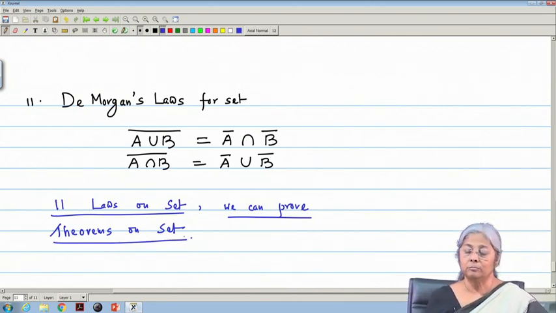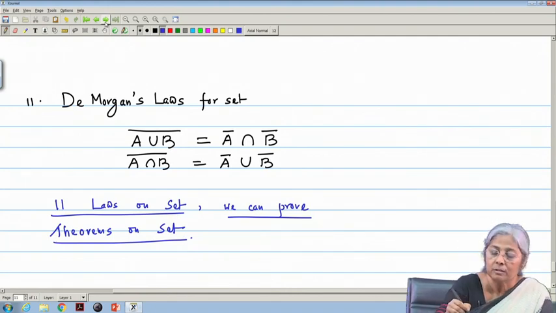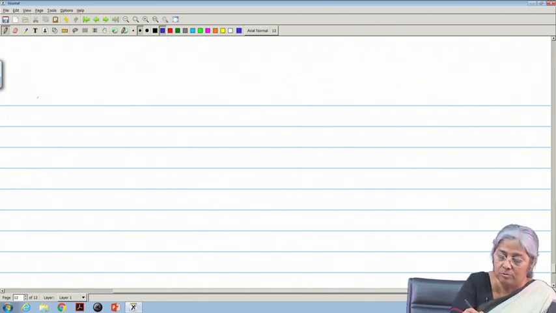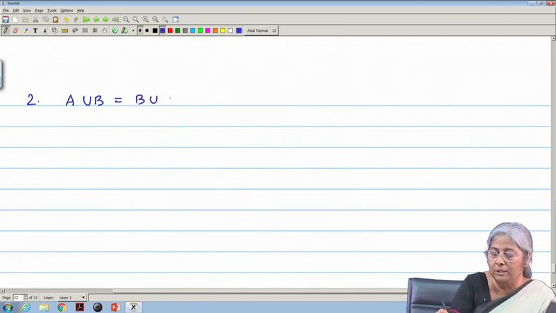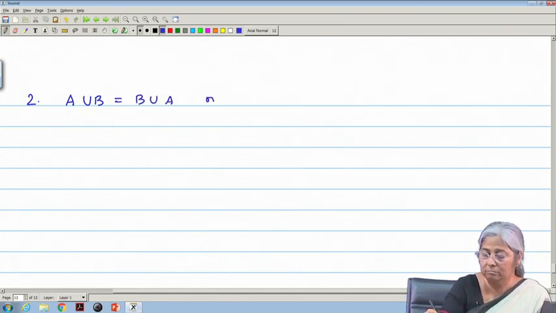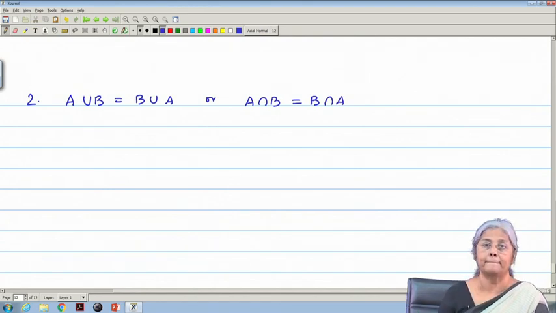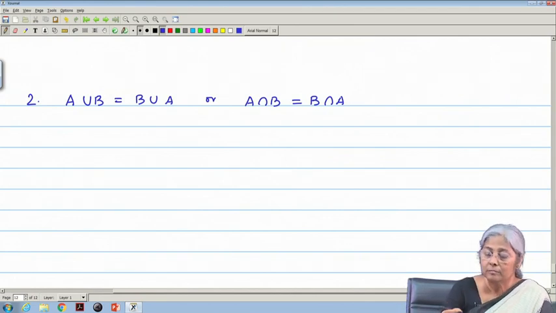Now, we see how to prove some property. First, we consider the commutative law, the very simple one. So, this is my law 2, that A union B is B union A, or A intersection B is the same as B intersection A. So, this is one set.